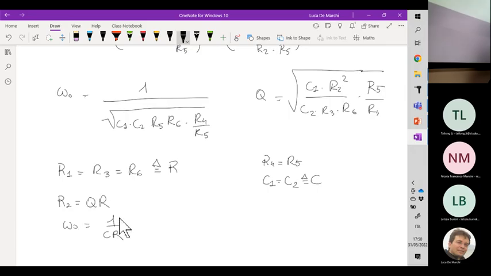Okay, so basically we have to set just three values for this topology: C, R, and R2.